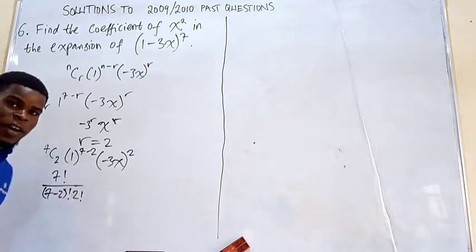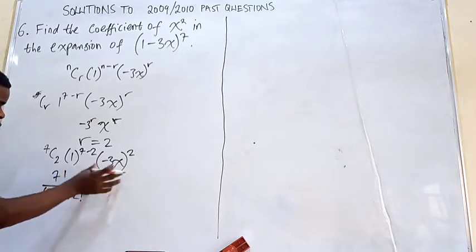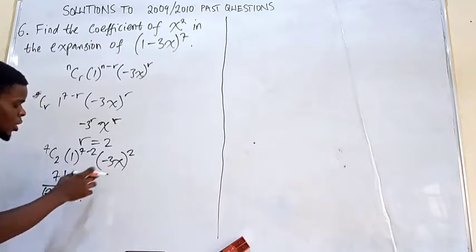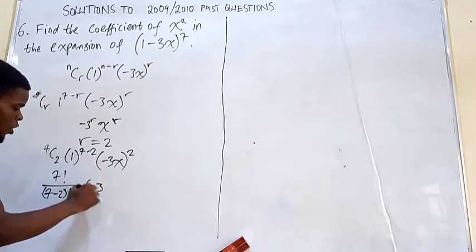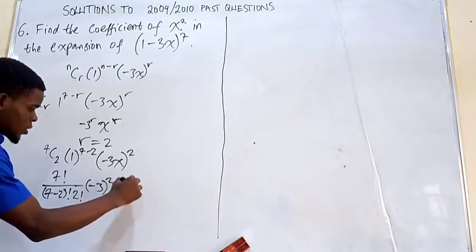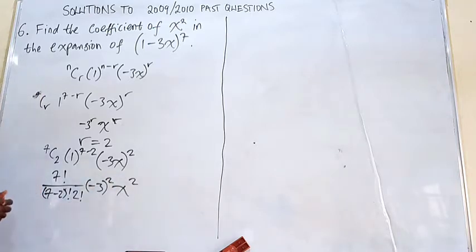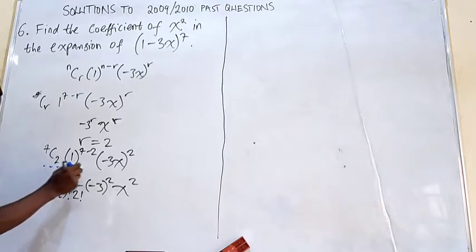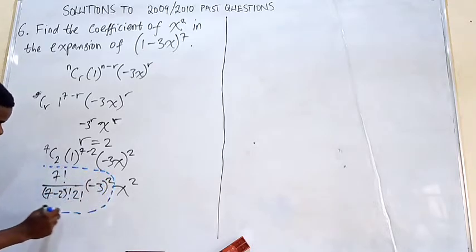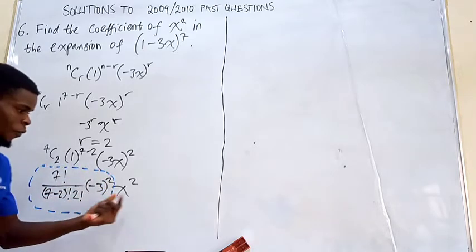Then 1 raised to the power of 5 is just 1, and multiplying by 1 doesn't change anything. Now, this is negative 3 raised to the power of 2, and this is the x squared.